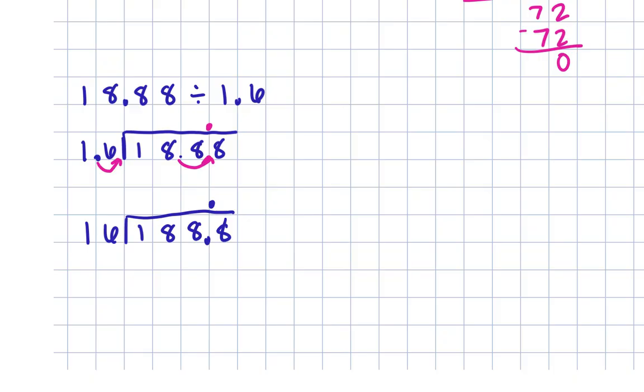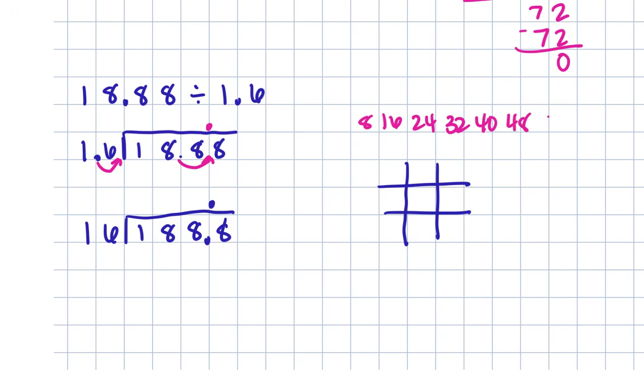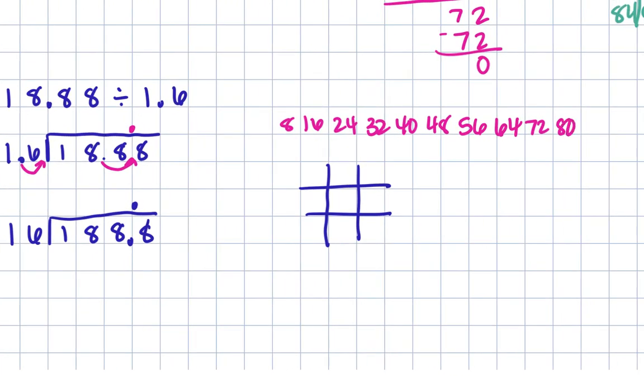Now, when you're looking for your multiples of 16, and I didn't know this until like way later, your multiples of 16 would be every other multiple of 8. Now, I don't expect you to know all of those, but I know at least some of them. Like if I think about it, 8, 16, 24, 32, 40, 48, 56, 64, 72, 80, then 96.